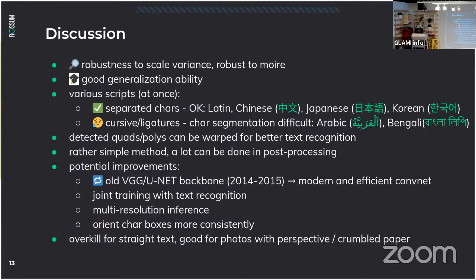And possibly what could be done is some multi-resolution inference. So, I mean, if you have a big page, we could first try to find the text roughly with some small resolution, which could be done quickly.